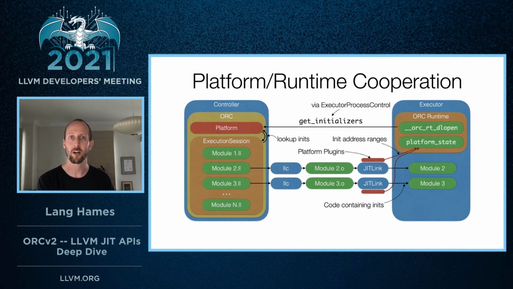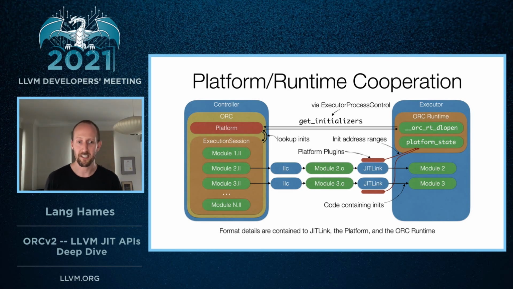So the platform's lookup returns, then get initializers can return, and now ORCRT DL open has all of the information that it needs in order to do the DL open sitting there in the platform state object. It can walk over that, register the language metadata sections with the language runtimes, run the static initializers and everything else.